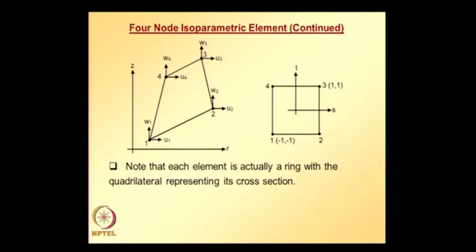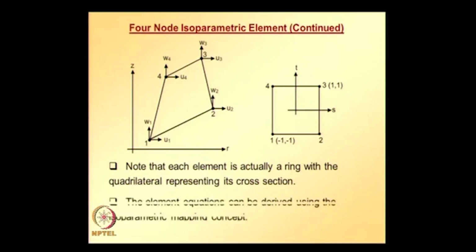Note that each element is actually a ring with quadrilateral representing its cross section. Element equations can be derived using the isoparametric mapping concept. So, the trial solutions can be expressed in terms of shape functions of the parent element and displacement components at each of the 4 nodes in r and z directions.